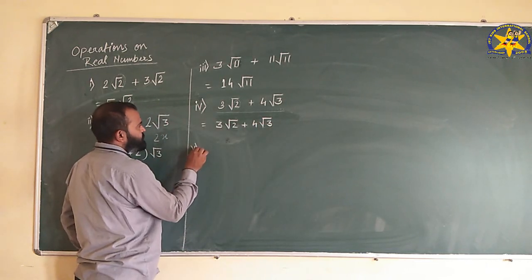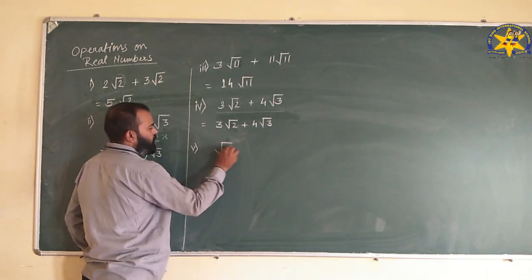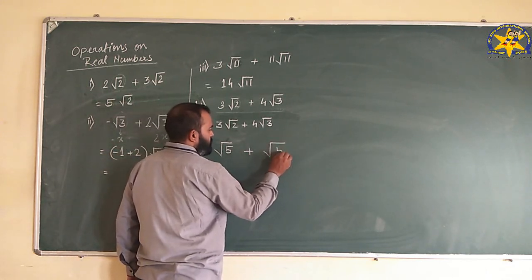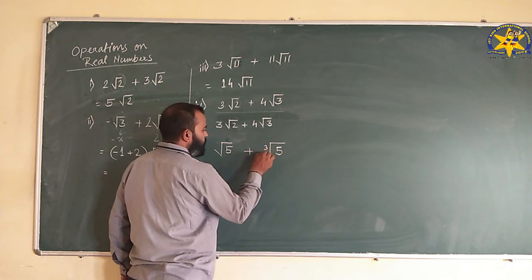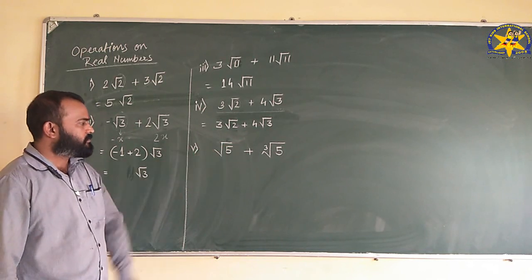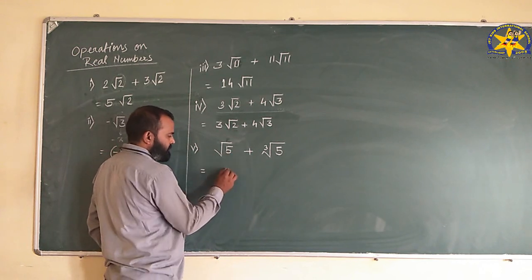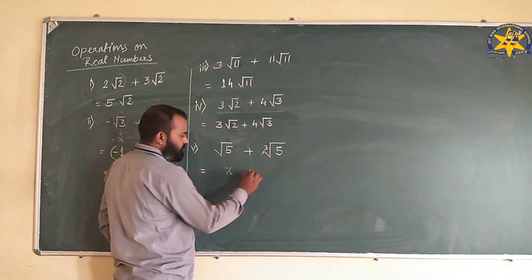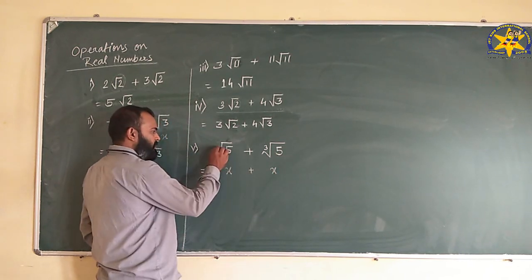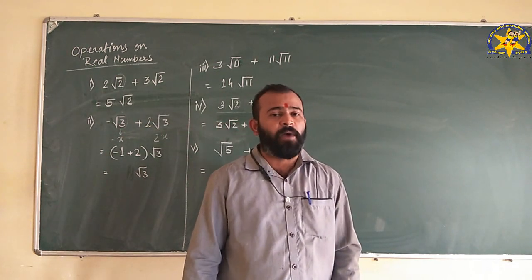Next example. Square root of 5 plus cube root of 5. What is the addition? I told you here there is 5, meaning x, plus here also in the root there is 5, so x. But what is its degree? We also used to count powers in like terms.